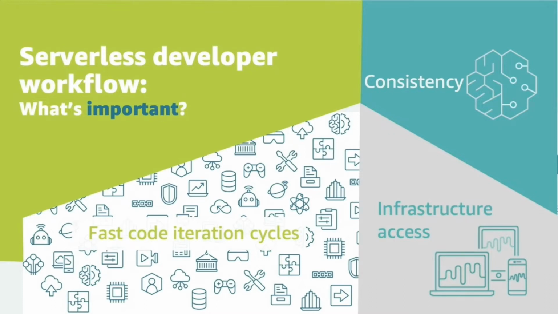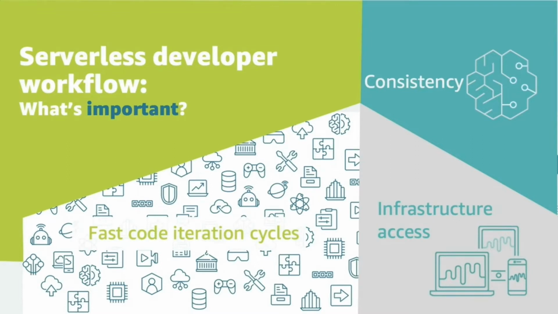That will allow you to minimize context switching, and it will enable developers to quickly write and debug code as their application is built out. You need consistency. So that's consistency with the different environments: production, local, staging, development. And that's what helps you ensure that the functionality you're building will work when deployed to those different environments. And in order to have consistency, you need access to infrastructure.